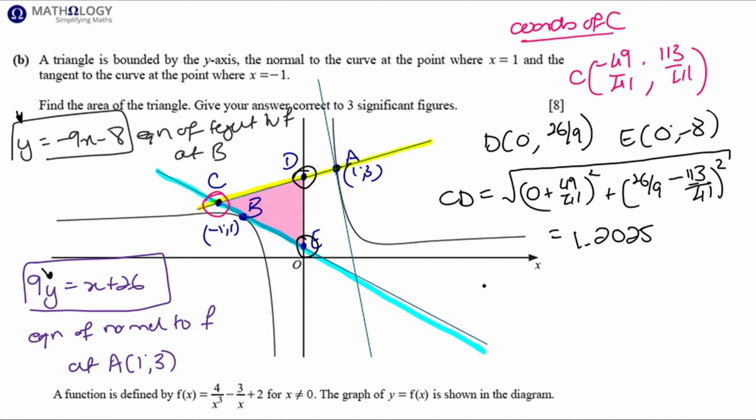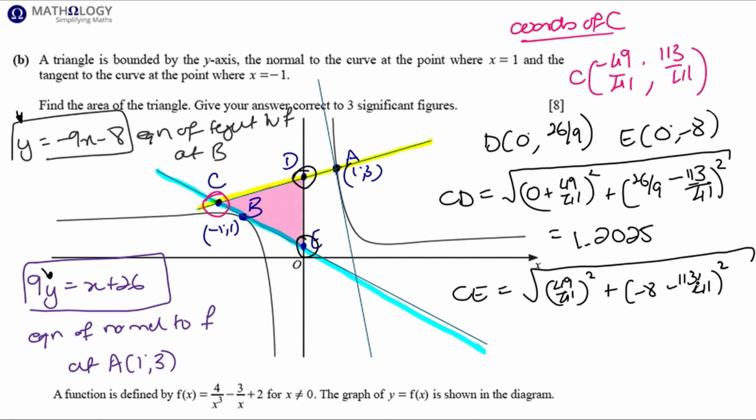Proceeding in a similar fashion, the length of CE equals the square root of (49/41) squared plus (-8 - 113/41) squared.